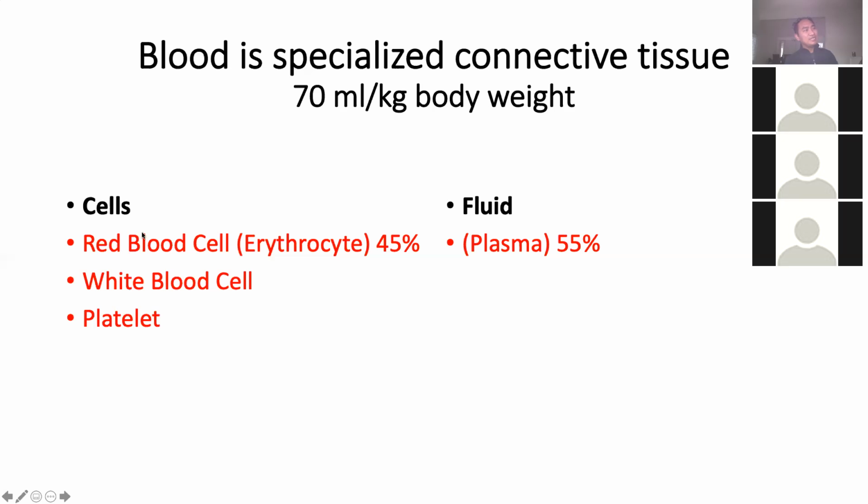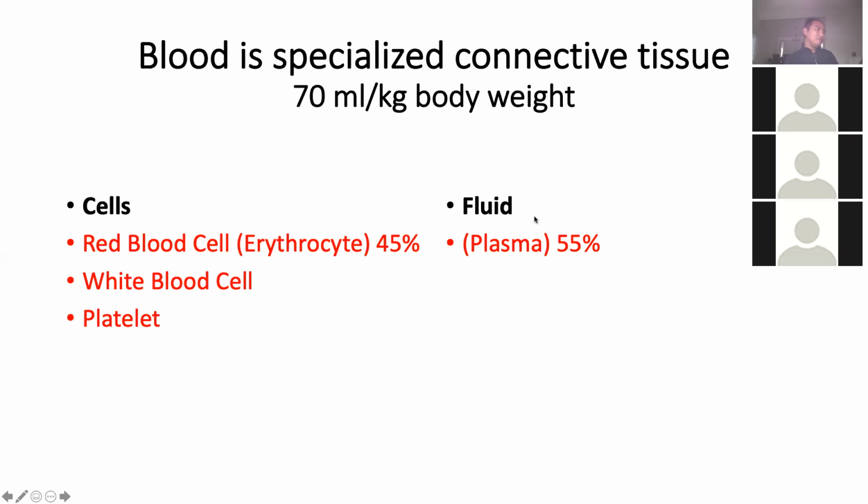What are the cells in our blood? Red blood cells, or erythrocytes, where cyte means cell; white blood cells, WBC; and platelets. And the fluid contributes about 55%, which is called plasma.